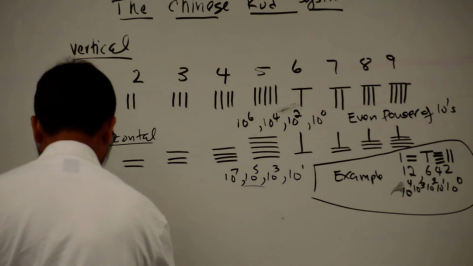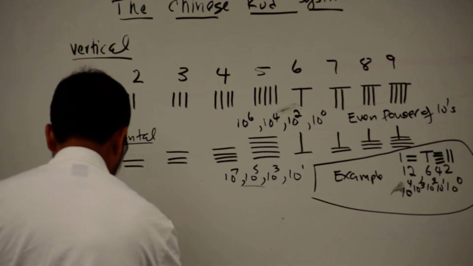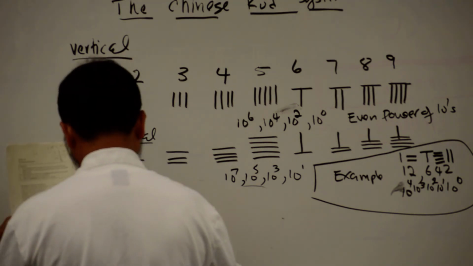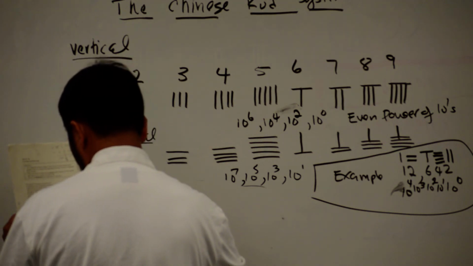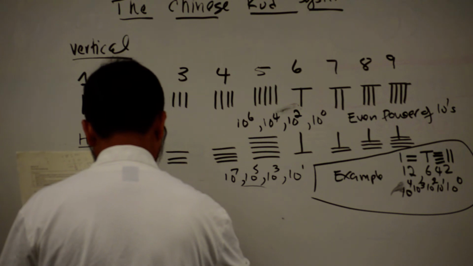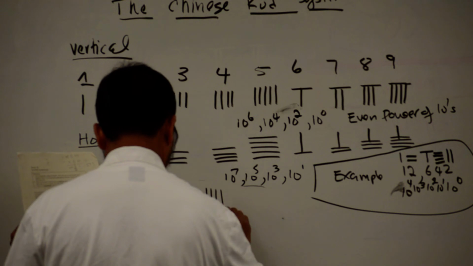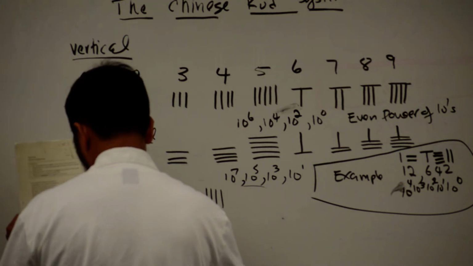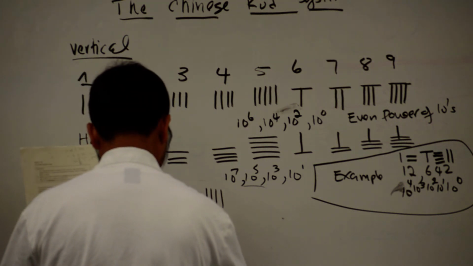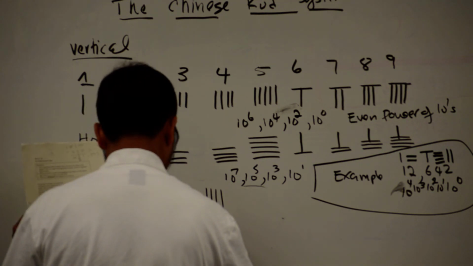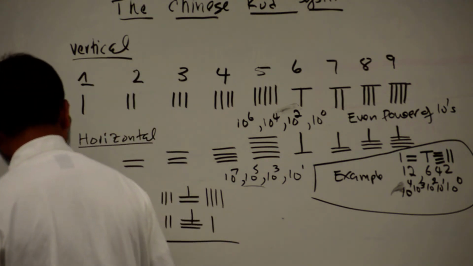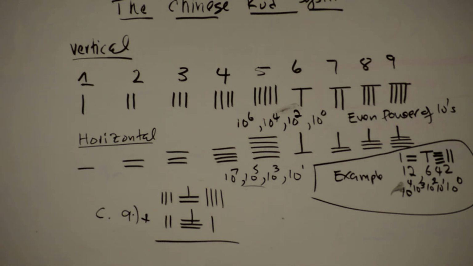I have 3,7,4 and 2,8,1. We add these. We could convert that to our number system first, before we use the Chinese rod symbols to add it.